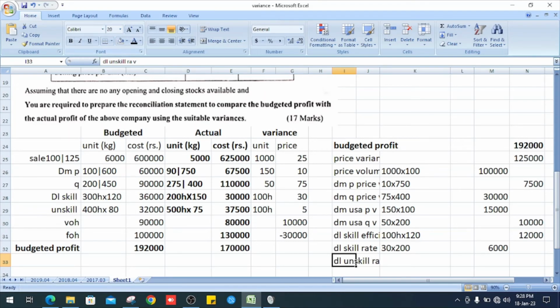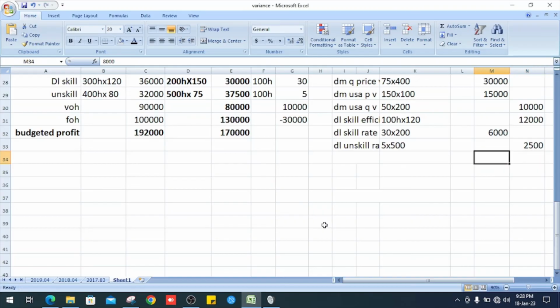Direct labor unskilled rate variance is 80 minus 75, which is 5, into actual hours 500, which is 2,500.